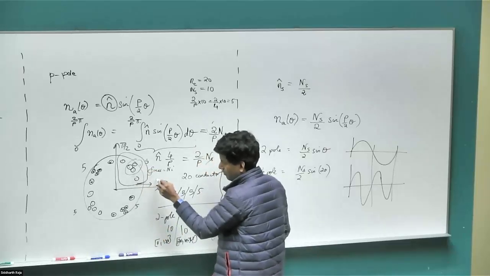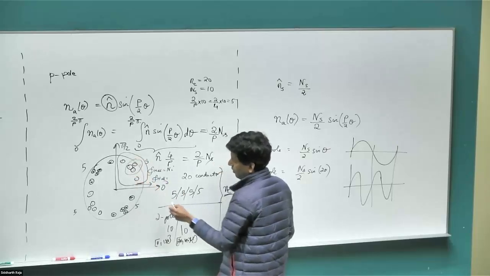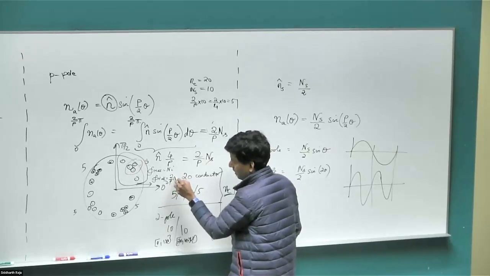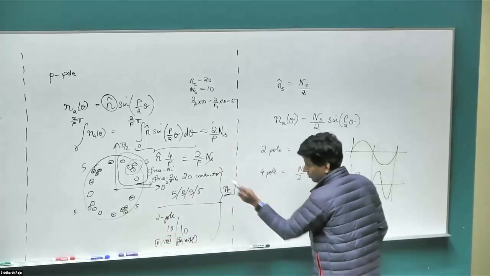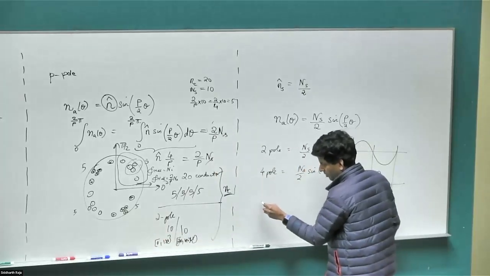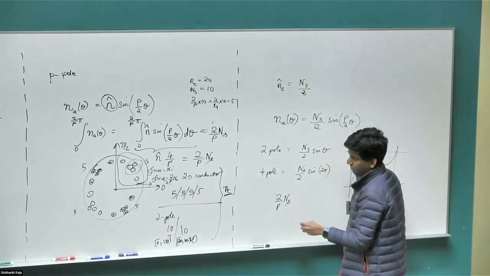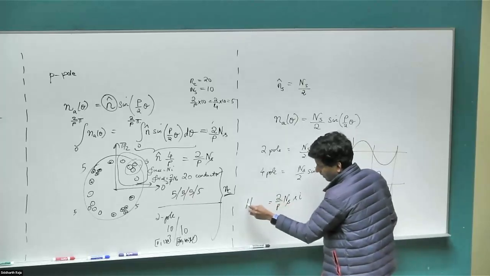So for this case, integral H dot dl is equal to the total number of conductors in the loop that we have chosen, which is 2 by P times Ns. Right? So for the loop that I've drawn there, it's going to be 2 by P times Ns times the current in each of them, which must be equal to integral H dot dl.